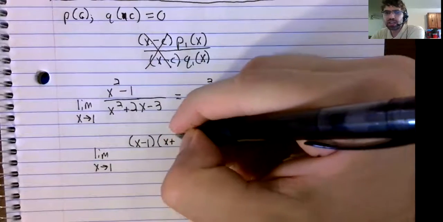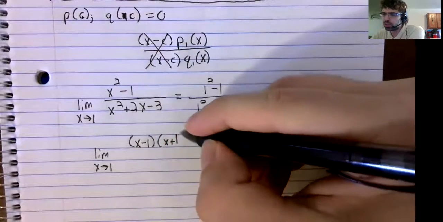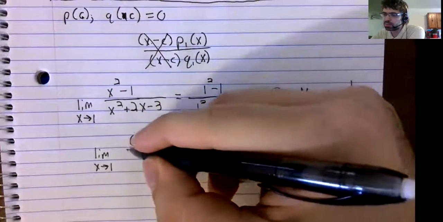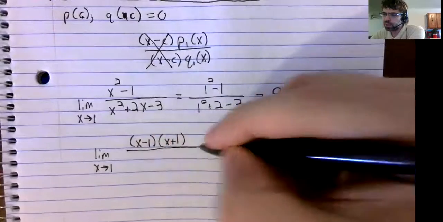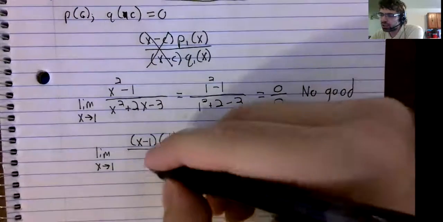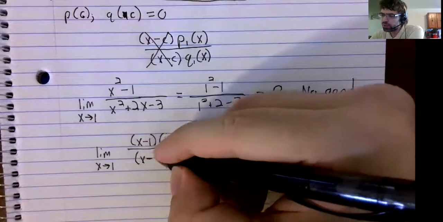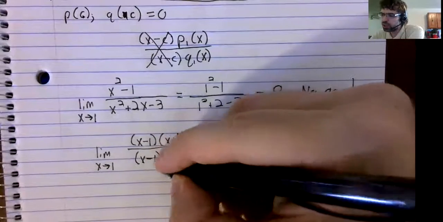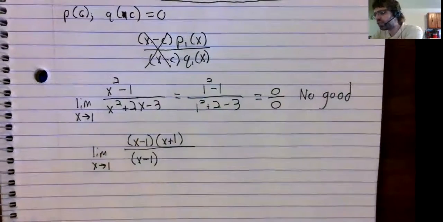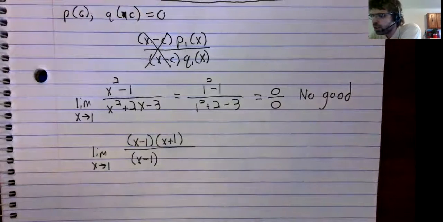What if we factored the numerator, and we factored the denominator? Let's see, the numerator was pretty straightforward.